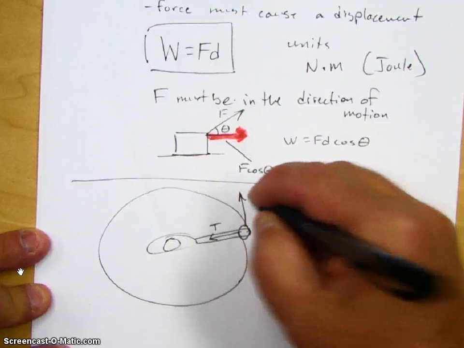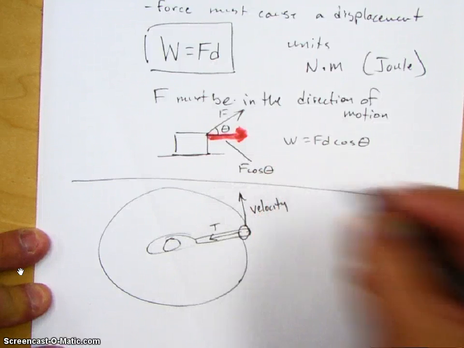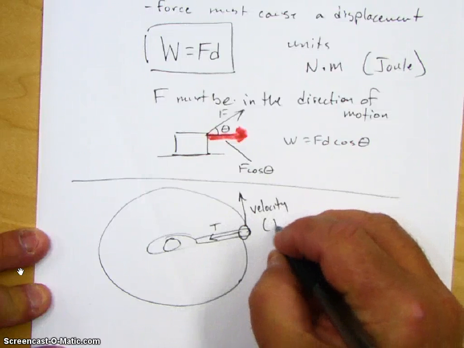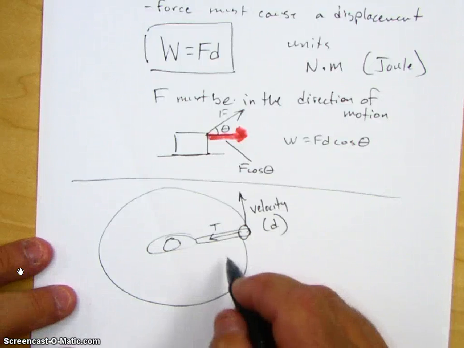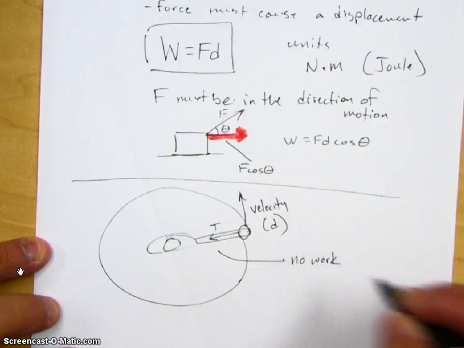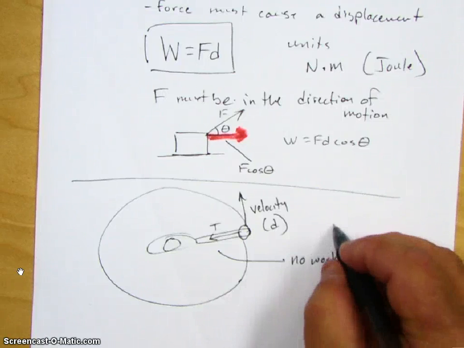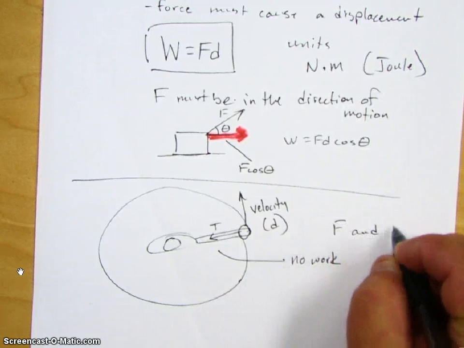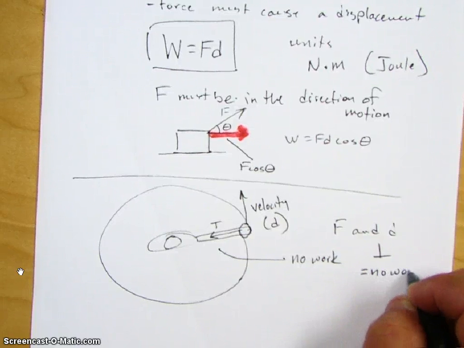The velocity and also the instantaneous displacement is tangent to the circle. So therefore, in this case, there's no work being done, because the F and the D are perpendicular to each other. So if F and D are perpendicular, that's no work.